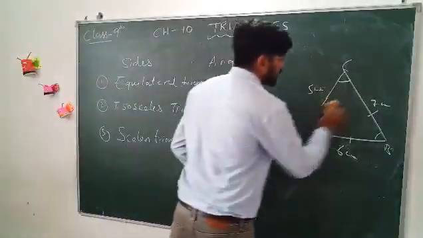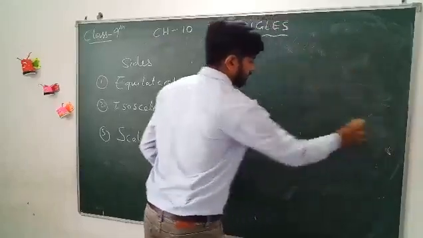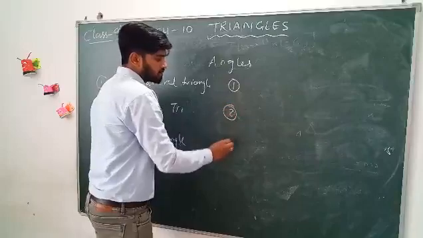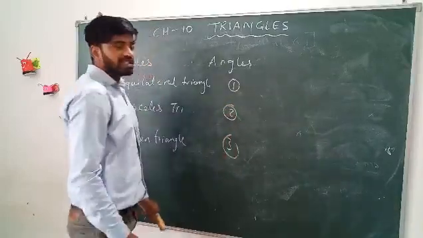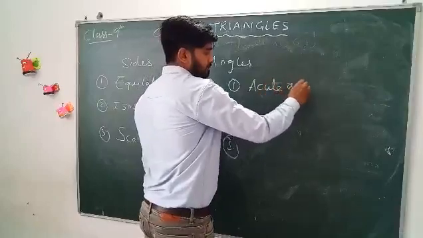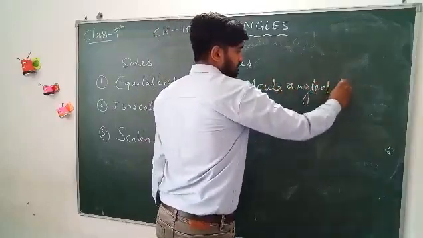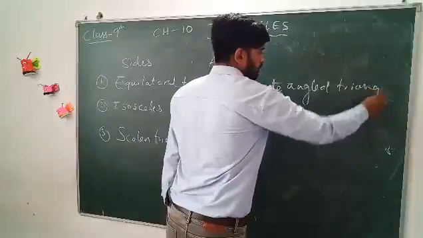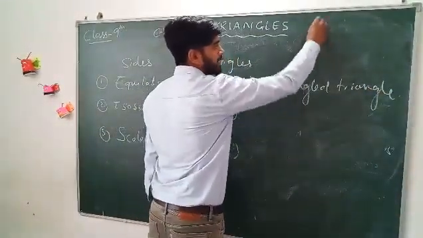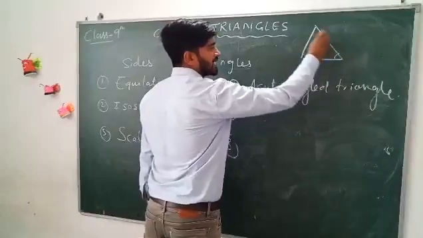Now moving forward, according to angles, triangles are also distributed into 3 categories. The first category is the acute angle triangle. What is an acute angle triangle? Any triangle in which all 3 angles are less than 90 degrees.